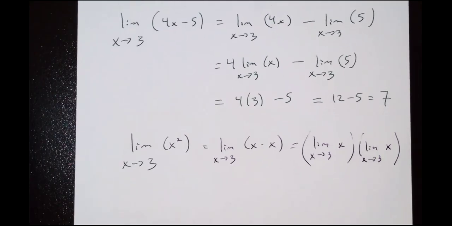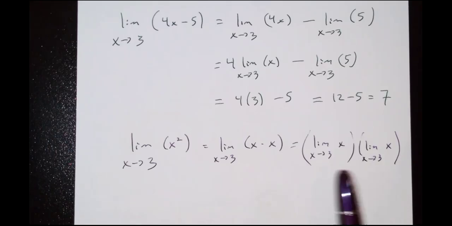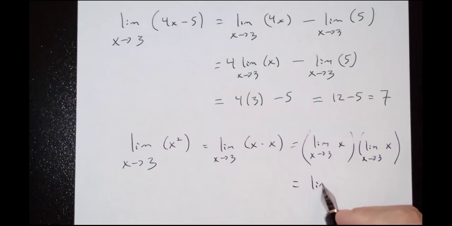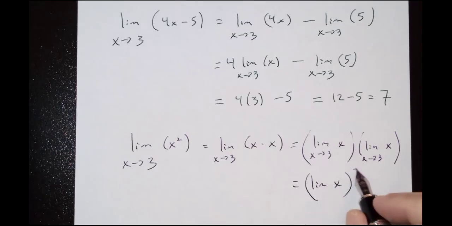But I just said that when I'm multiplying the same thing by itself, that's the definition of being squared. Isn't the thing in this set of parentheses the same as the thing in this set of parentheses? That's the same thing. So why don't I just write it as the limit squared?